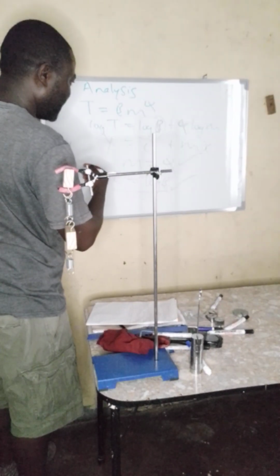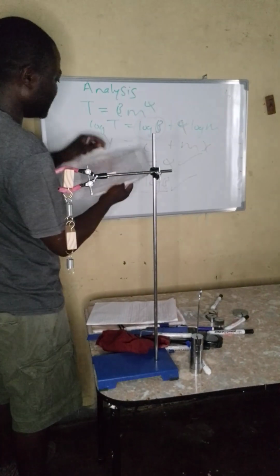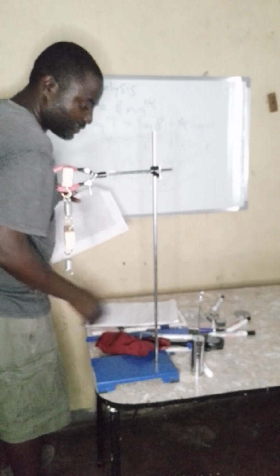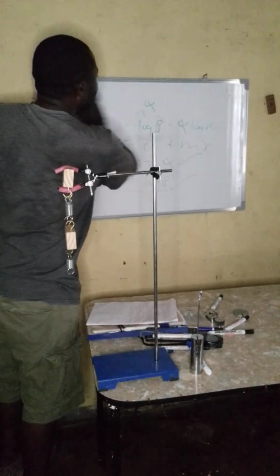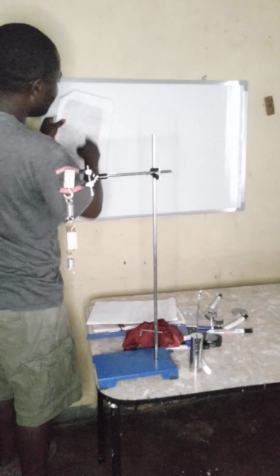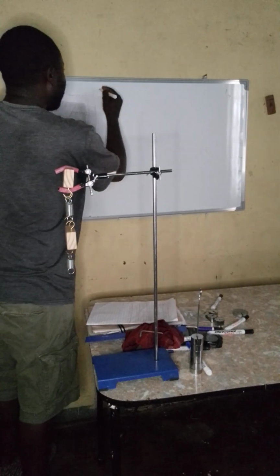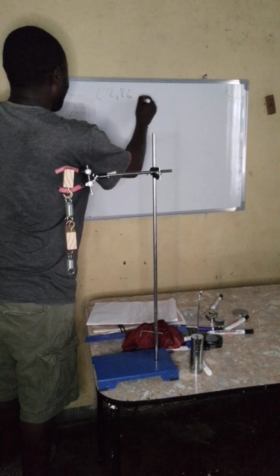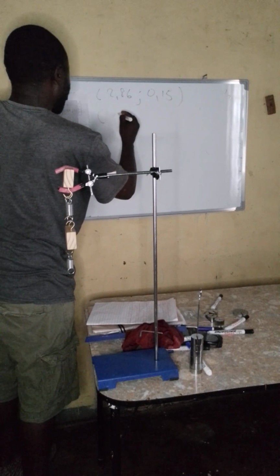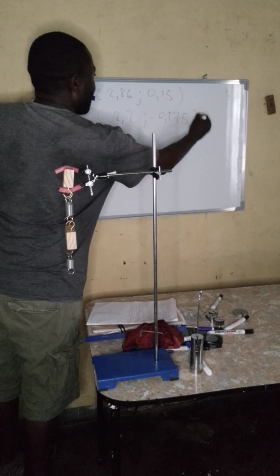So we should calculate the gradient. I'm going to use this graph to calculate the gradient and further use that gradient to deduce the value of alpha. How do we calculate the gradient? We should read off the values that we are going to use. These are my values on the gradient triangle: 2.86, 0.15, 2.2, minus 0.175.